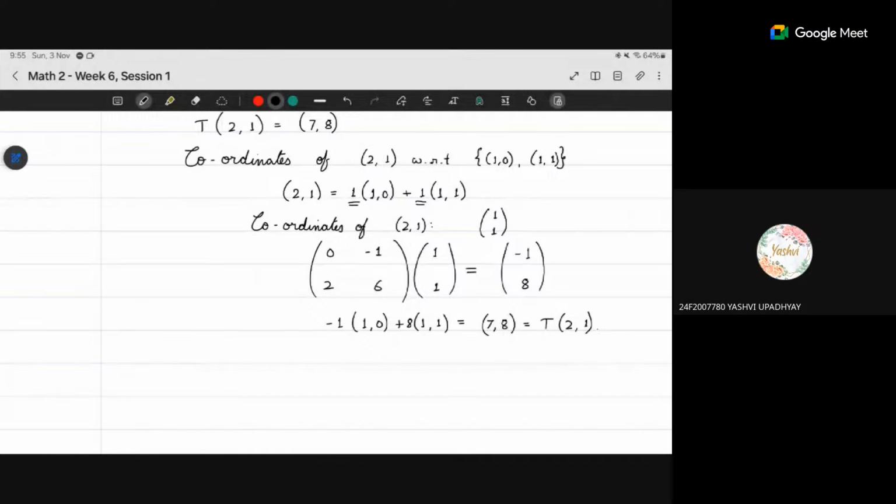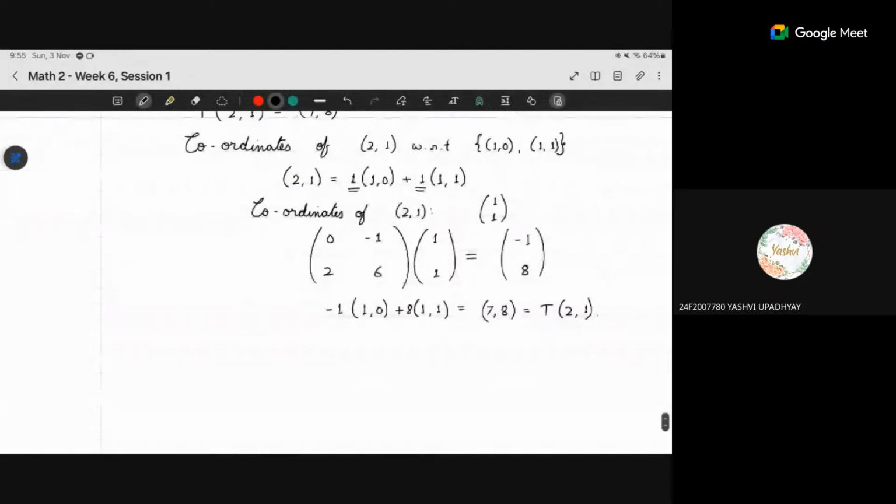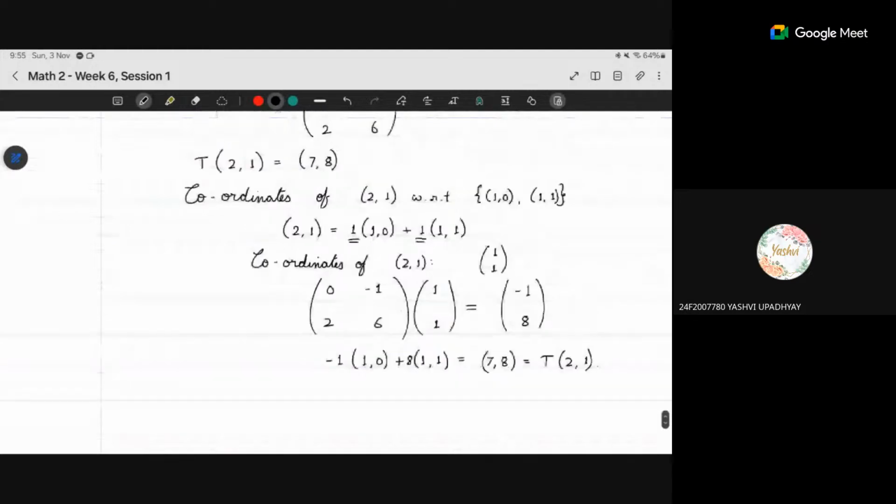Like you find the coordinates in some basis, look at its image, look at its coordinates, manufacture the matrix representation, and then if you want to check the value for any vector, you have to again find the coordinates of that vector, and then you have to do a matrix multiplication to get coordinates, and then recover it using the given basis. So it seems like too many steps, right? Why do we do this? Why do we go through so much pain?